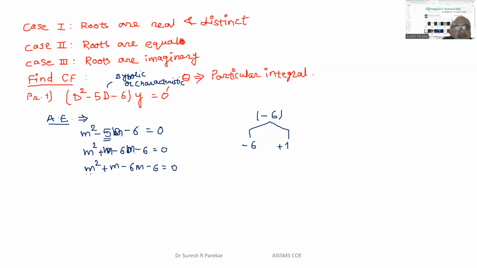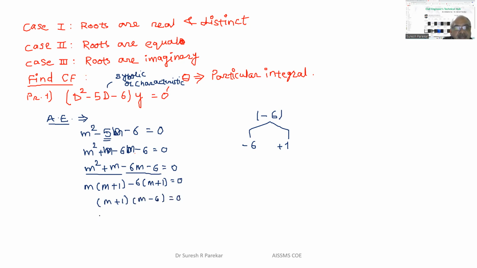Then we take m common from the first two terms, and in the bracket we get m plus 1. Then we take minus 6 common from the other two, and again we get m plus 1, equal to 0. From this we get (m plus 1)(m minus 6) equal to 0.